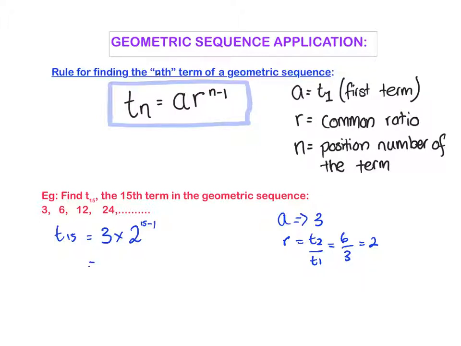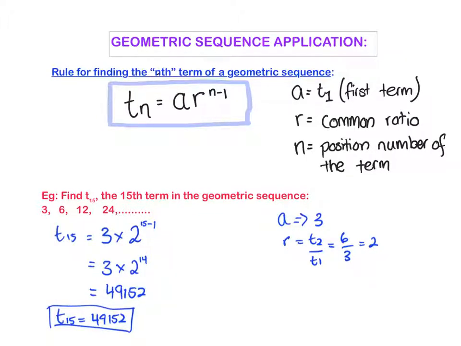So what we're actually doing on our calculator is 3 times 2 to the power of 14. And if you do that on your calculator, you should get 49152. So you could answer that T15 is 49152.